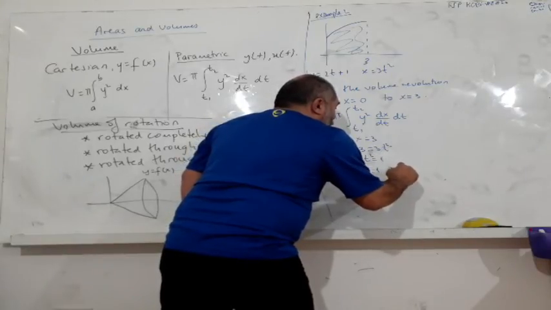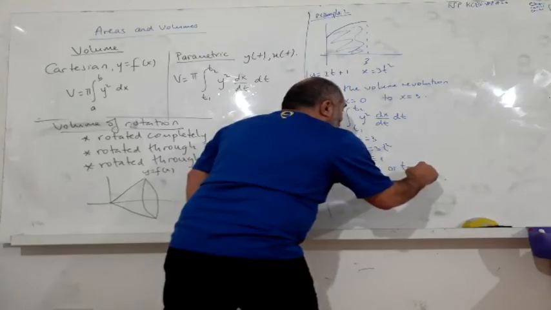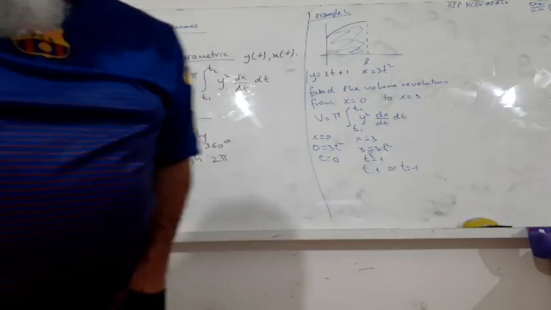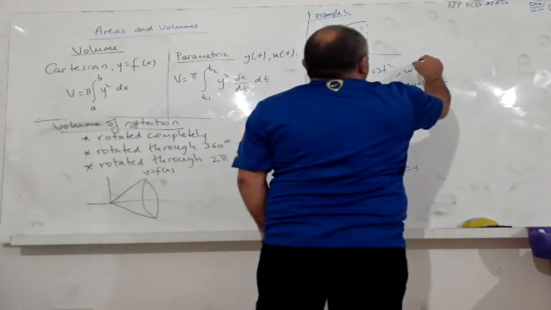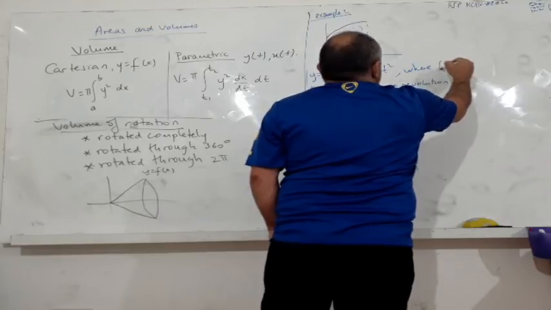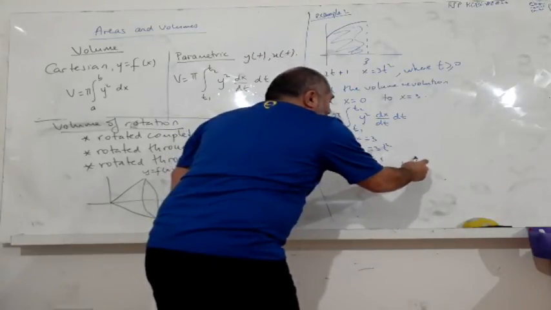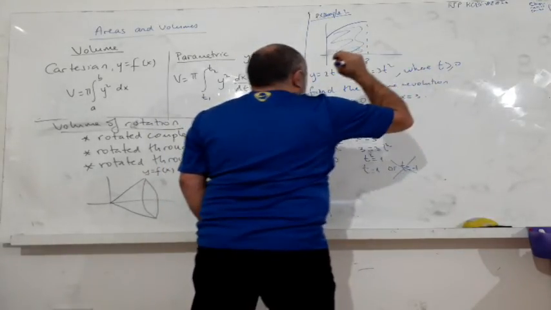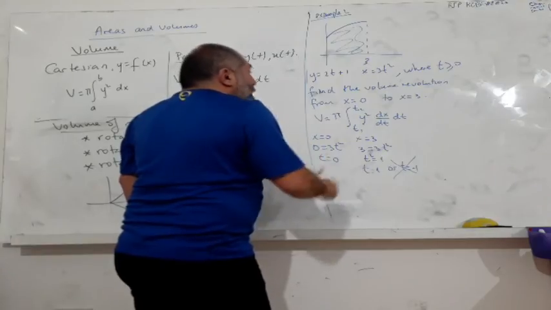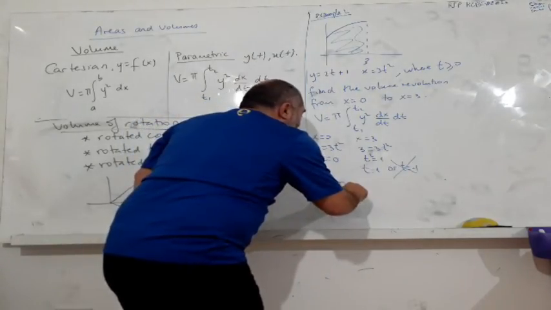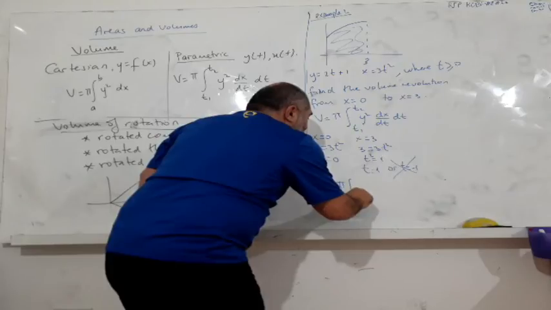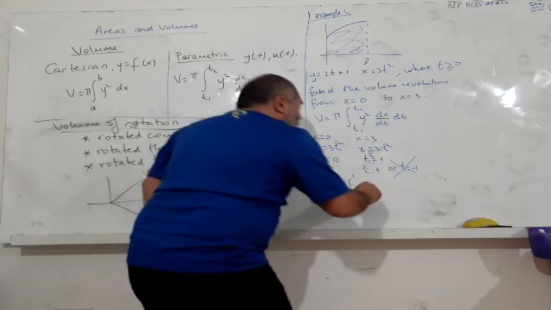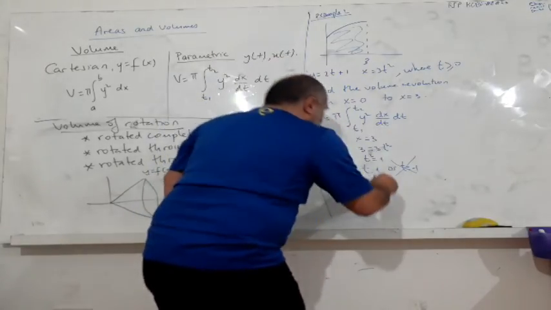But for this question, we have to have a restriction here. So we are going to get rid of this negative 1, because in the question it is given that t is greater than or equal to 0. So volume is going to be pi times the definite integral from 0 to 1 of y squared, which is 2t plus 1 squared, times dx over dt.